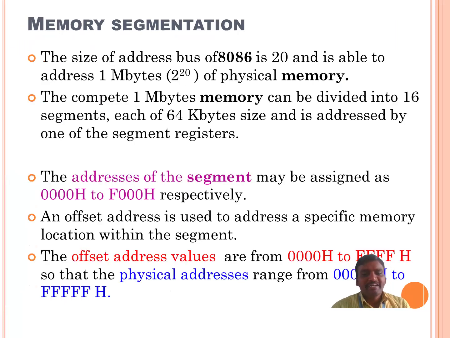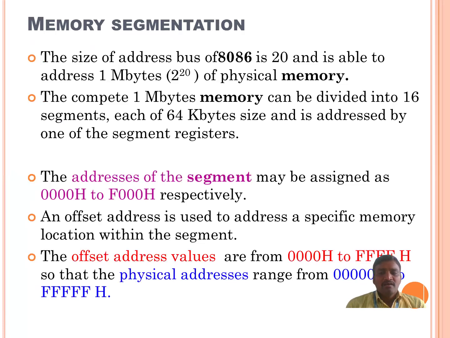Memory segmentation. Memory segmentation is nothing but the division of the memory available in the 8086 microprocessor into segment memories. The 8086 microprocessor has 1 megabyte of memory. This 1 megabyte of memory will be divided into 16 equal segments.